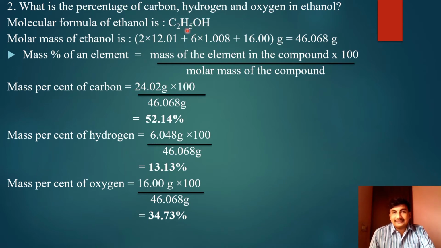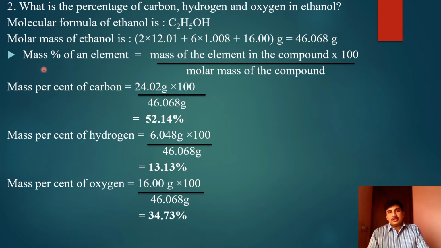So total 6 is there. 6 into 1.008, and plus oxygen 1 is there, so it is 16. Total molar mass of ethanol is 46.068 gram. Always the molar mass of the compound is in the denominator of the formula. For that purpose, we have to first calculate the molar mass of ethanol.